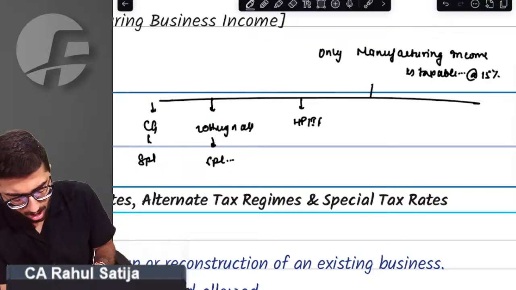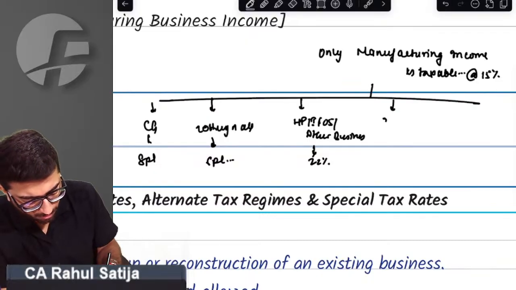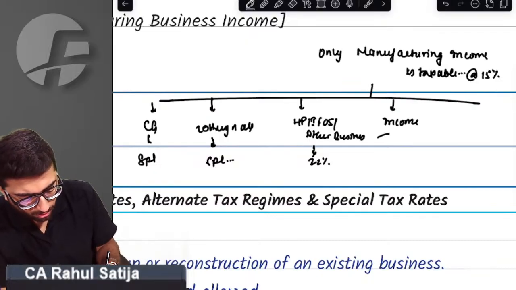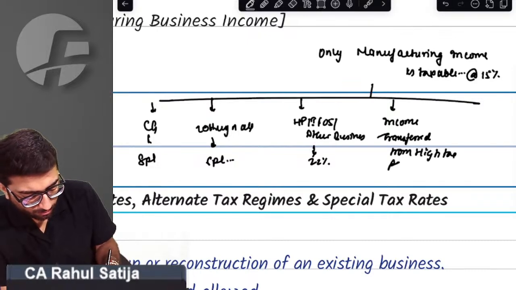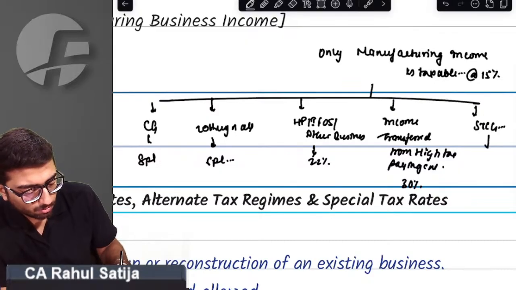House property, IFOS, other business, 22%. Income transferred from high tax paying entity, 30%. Short term capital gain, question mark.